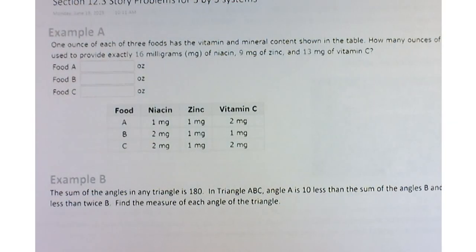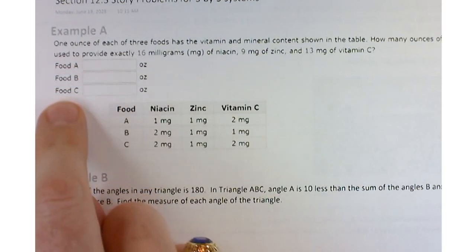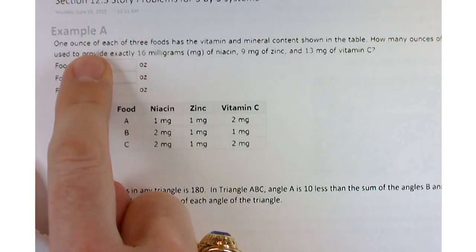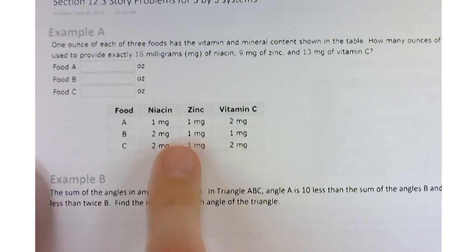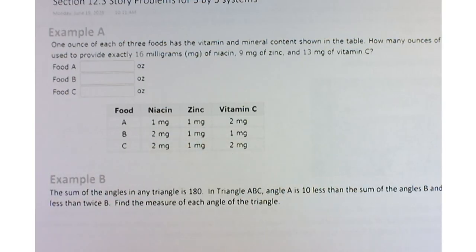In any case, what I'd like you to do is rewrite this so that you add some actual foods here. And instead of using 1 ounce, maybe you do 1 serving size. That's fine. And you can pick different minerals or vitamins, but rewrite this so that it's a little bit more interesting. Let's go with what we're stuck with here.